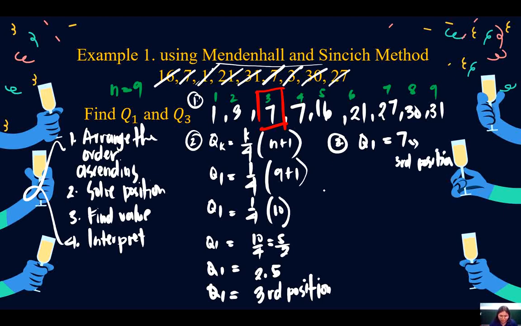Okay? Meaning, on our interpretation, therefore, we can say that 25%. Ma'am Alea, bakit 25? Kasi first quartile. Okay?